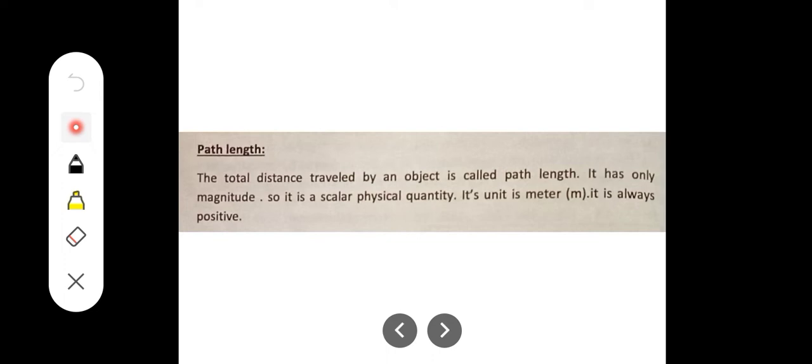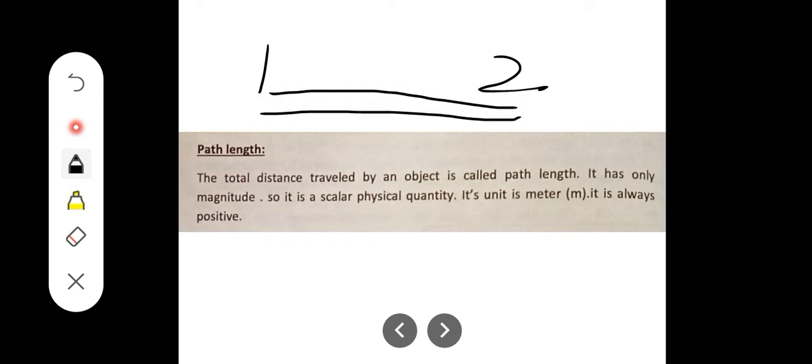You have two cities, city 1 and city 2. A bus is traveling from city 1 to city 2, and again the bus returns back to city 1. Just imagine the distance between the two cities is 10 kilometers.